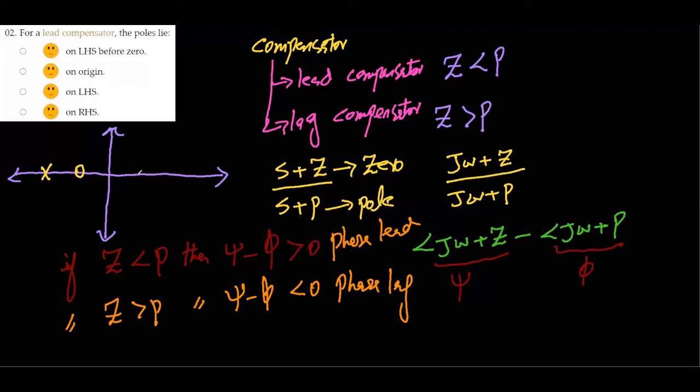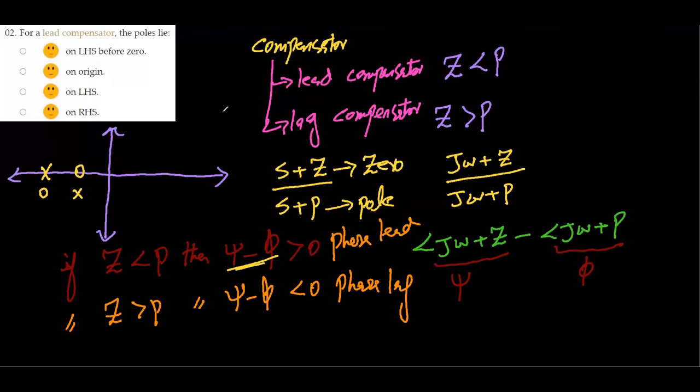While for lag compensator, here you will get zero and here you will get pole. Okay, so for lag compensator, your zero should be greater than pole. For lead compensator, your zero should be less than pole. So when will that be greater than 0?